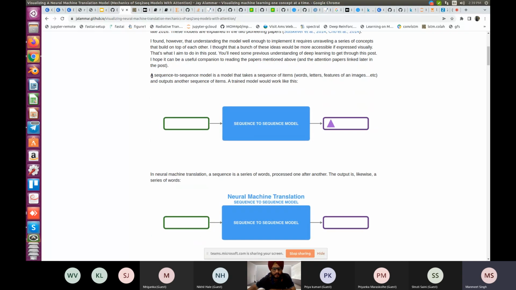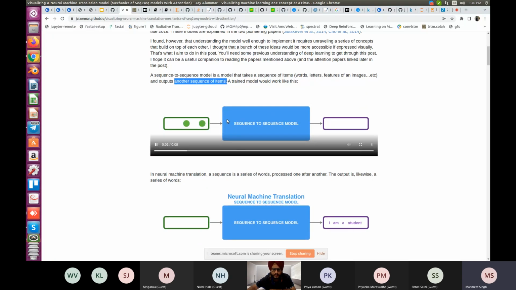And so a sequence to sequence model is a model that takes in a sequence of items, words, letters, features of images, anything, time series, and outputs another sequence of items. So you can see this is a sequence to sequence model. You have this green input and you have the purple output. You can have any length as a sequence input, you can have any length as a sequence output.